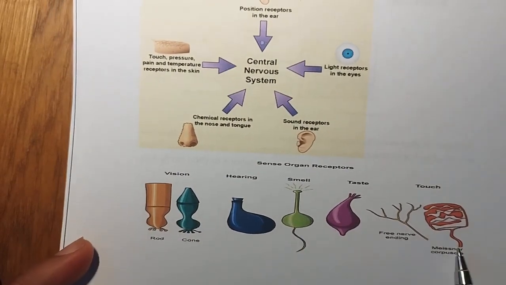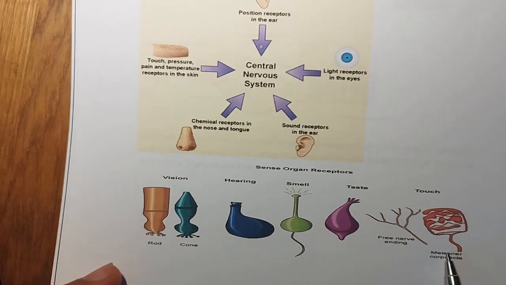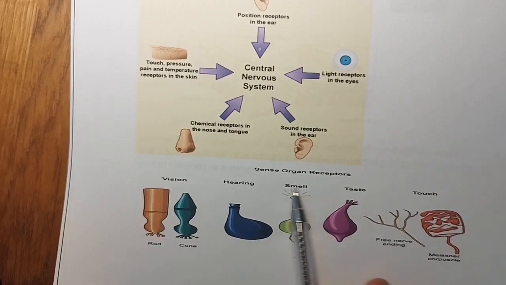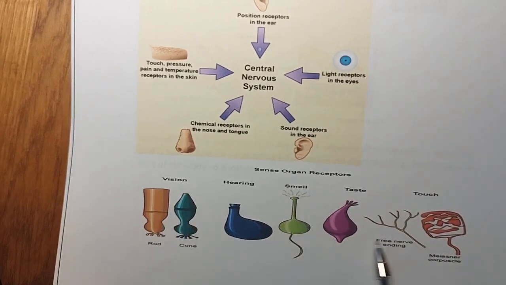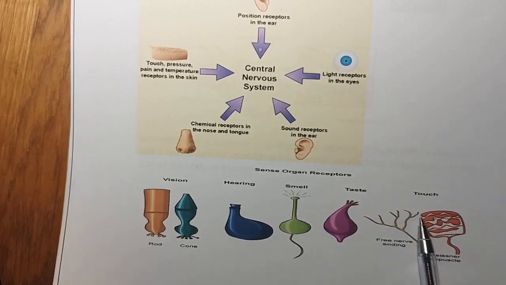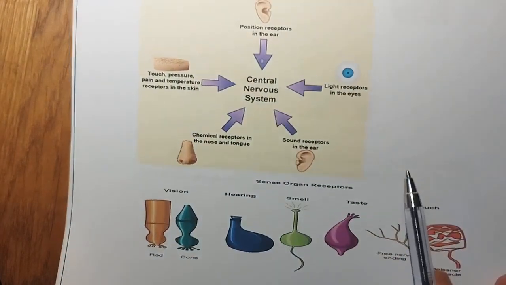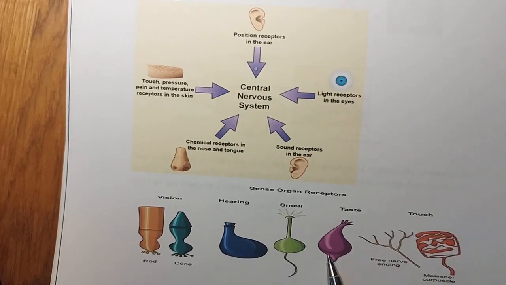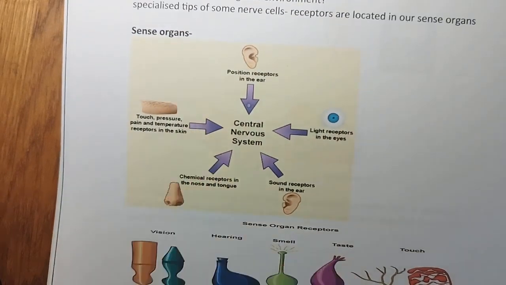I have taken this receptor diagram from the internet just for your understanding. You don't need to know these receptors in detail at all. This is just for you to have more understanding of how these sense organs are able to detect the changes in the environment with the help of different receptors that are located in the sense organs.